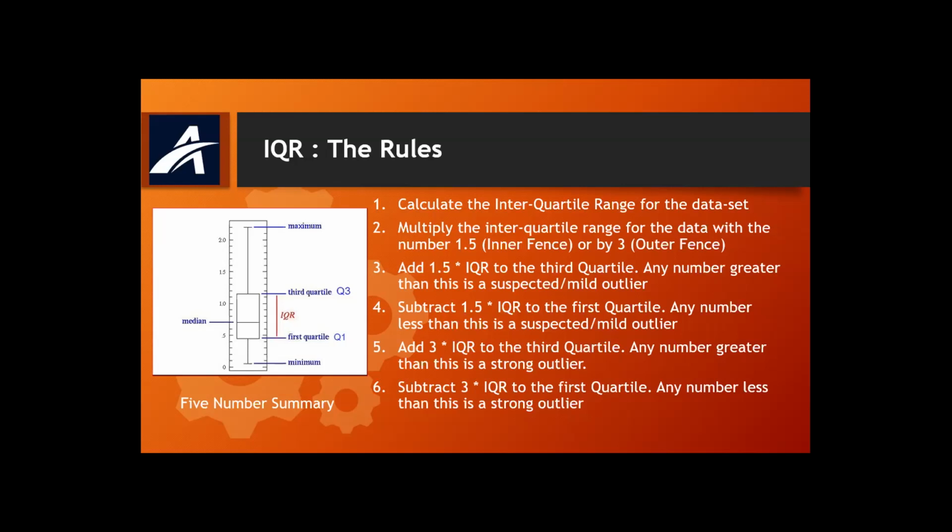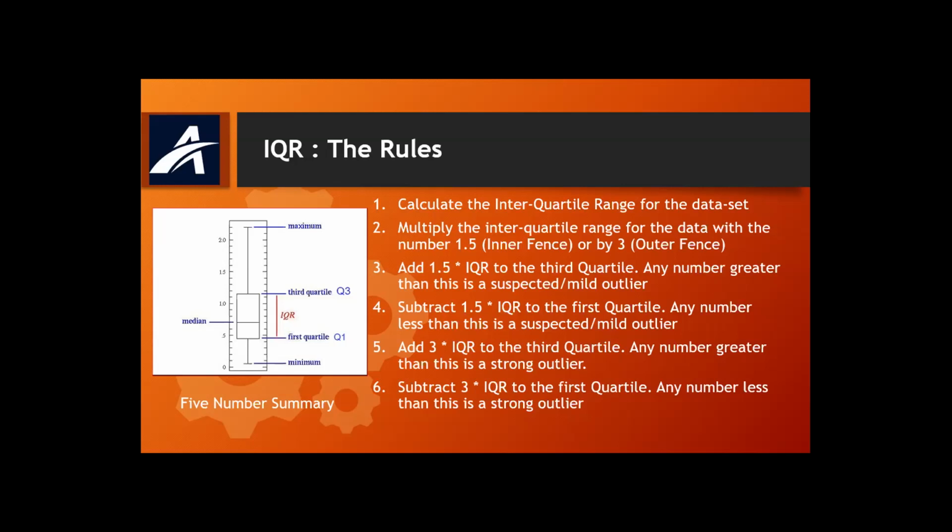You've explained it. So IQR, the interquartile range, is what you get when you take the third quartile less the first quartile. Then, to get the inner fence and the outer fence, you multiply the IQR by either 1.5 or 3, depending on the option.